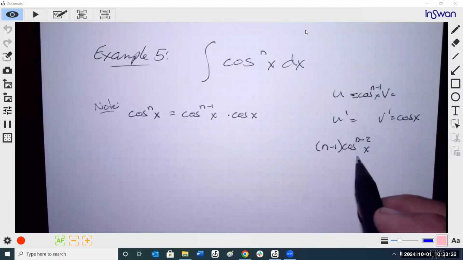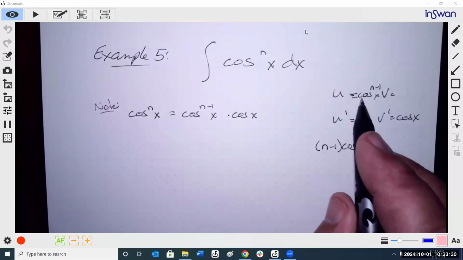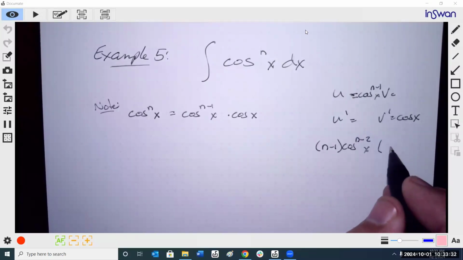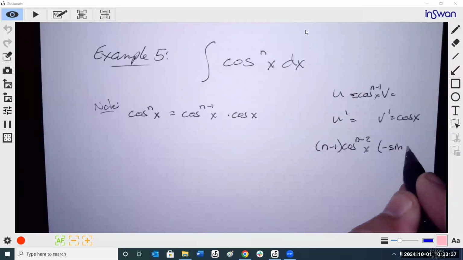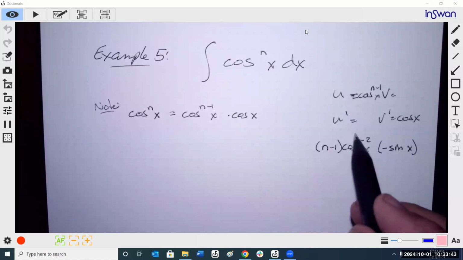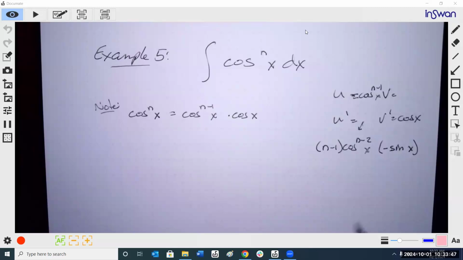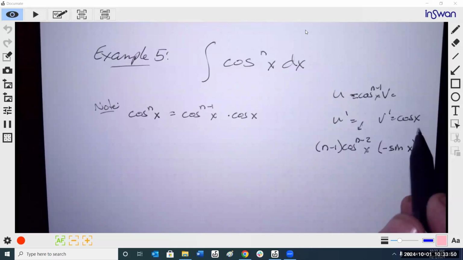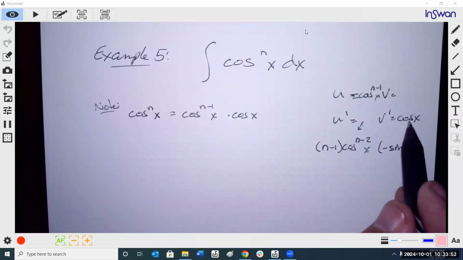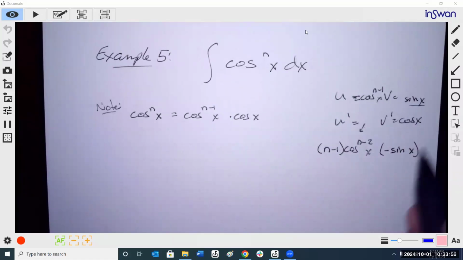So the derivative of the outside, now we take times the derivative of cosine. The derivative of cosine is negative sine. So that's the derivative: derivative of the outside times derivative of the inside. And the integral of cosine would be sine x.